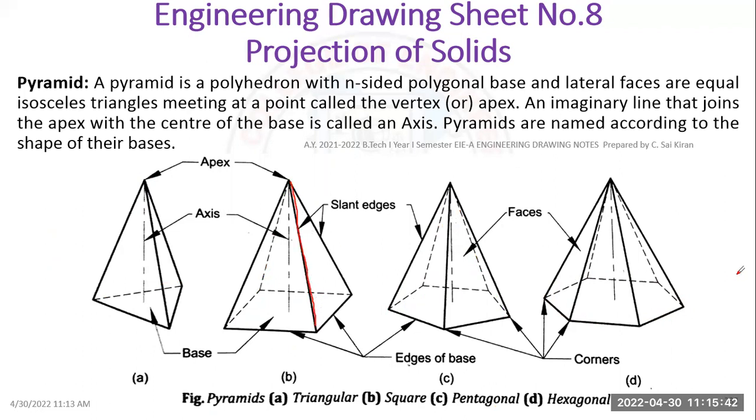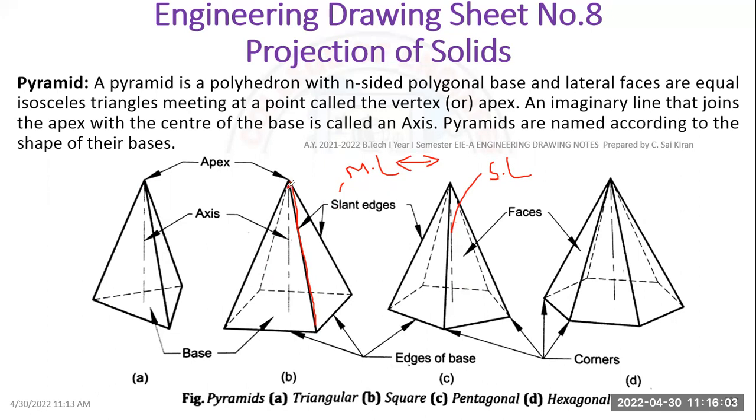Compared to the axis, the slant edges are more in length, and the axis is smaller in length. This thing you have to remember, and it will be helpful for the development of surfaces.